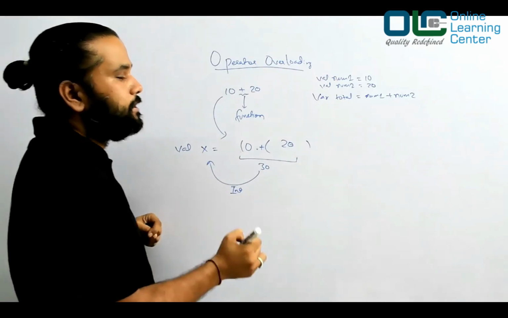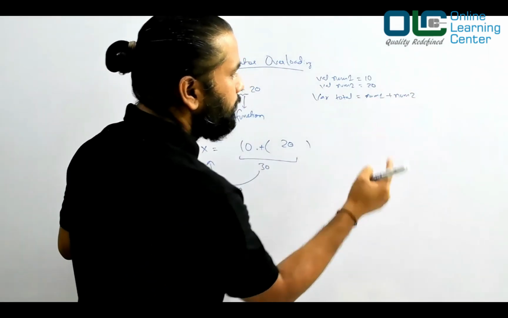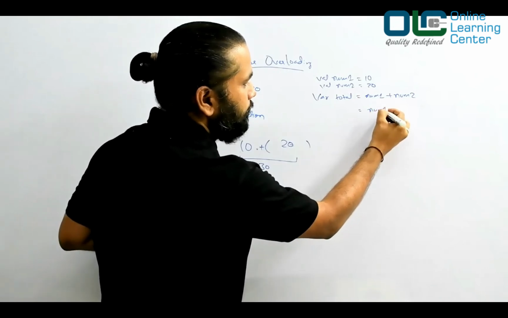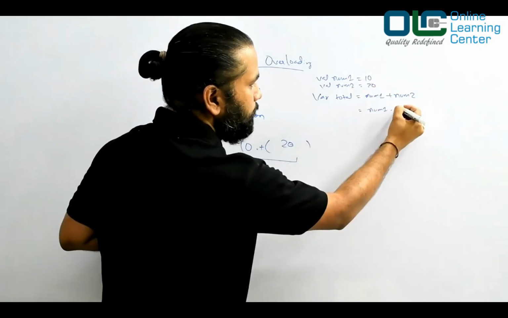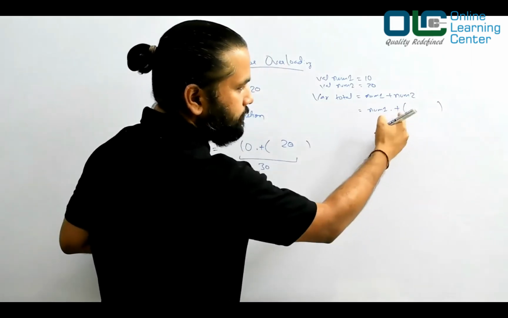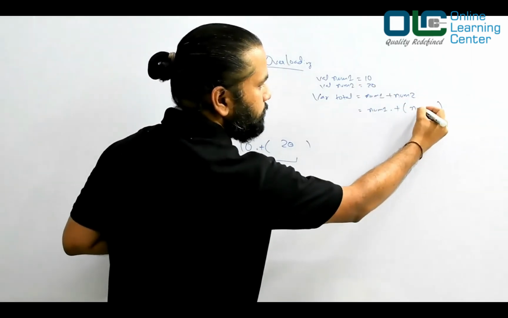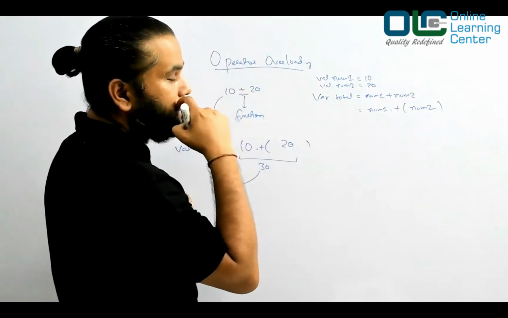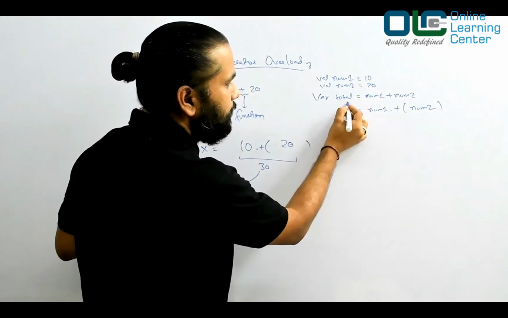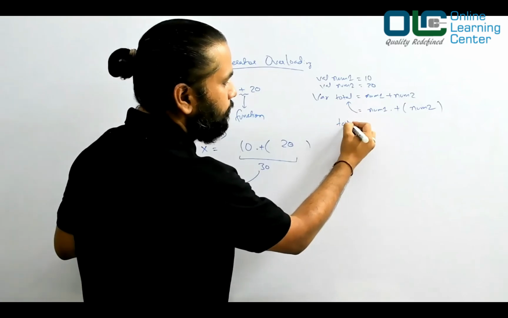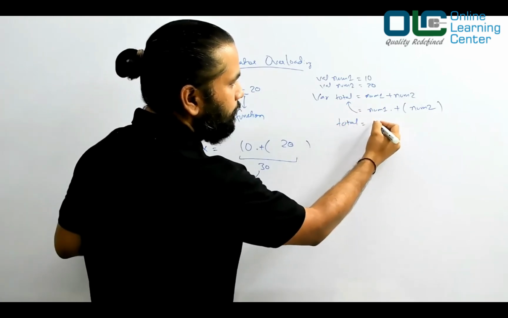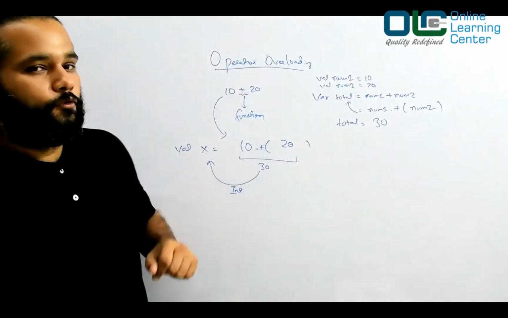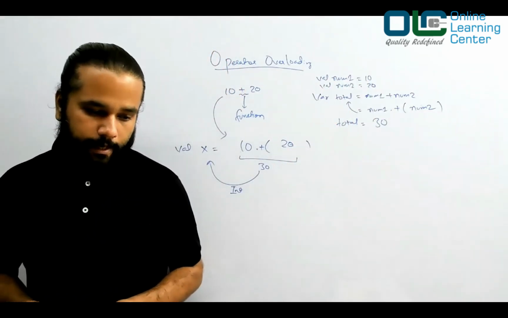Integers, right? And then you're saying num1 plus num2, but internally it will be executed as num1 dot plus method, right? Plus is a method name, and you are passing num2, and it is going to give you a result. And that result is assigned to total. So the total would have what value? Total would have 30. As per this discussion, the value of total would be 30, which is another integer.